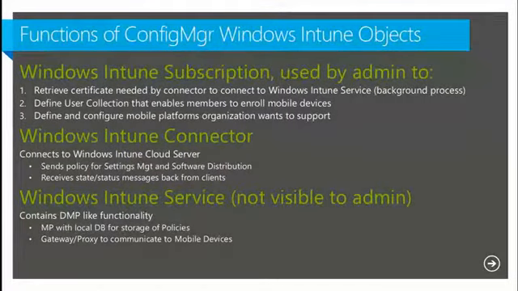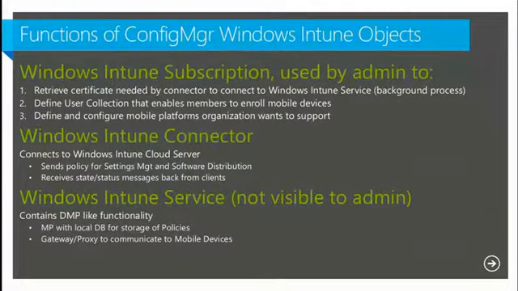The Windows Intune connector, as I said, it's a site role. Basically what it does is it sends up policy for your applications, for policy management, for settings management. It also retrieves those status and state messages back and inventory information back from the users. The way I like to think of it is essentially that connector is sending that information up to the Windows Intune service.